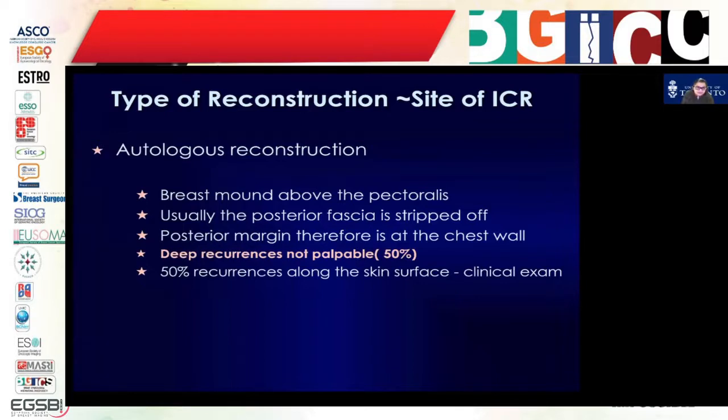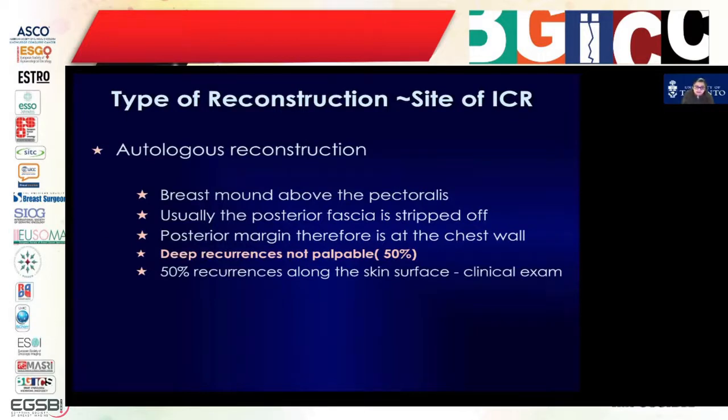And therefore, if there are any deep recurrences, you will not be able to feel them. So this is one of the considerations in women who get autologous reconstruction for a bad size of cancer, like locally advanced cancer or very biologically aggressive cancer.